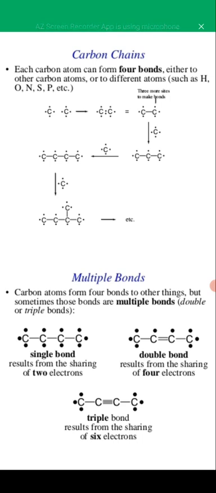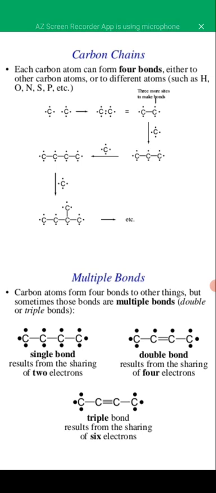You can see the double bond results from the sharing of 4 electrons. Like I said earlier, carbon to carbon bond, you have 2, 4, 2, 4. When they bond, you have 2 on this side and 2 on this side in the innermost shell, then in the outermost shell, 4 on this side and 4 on this side. When those 4, 4 combine, you have 8. That's why they said a double bond results from the sharing of 4 electrons.